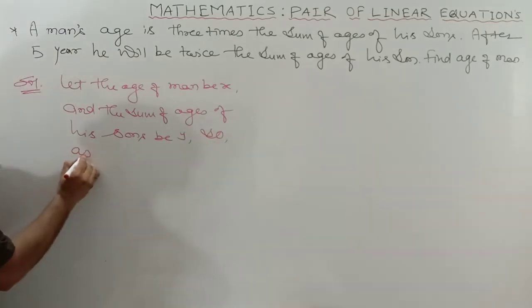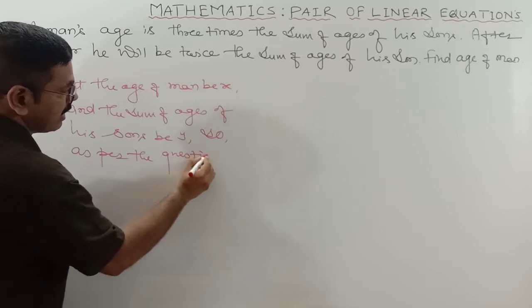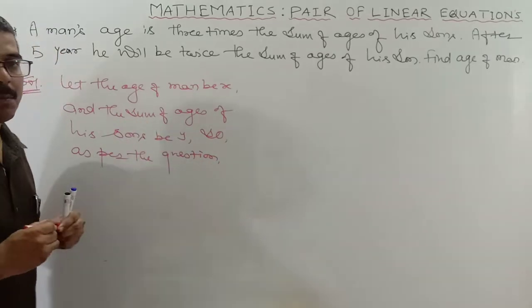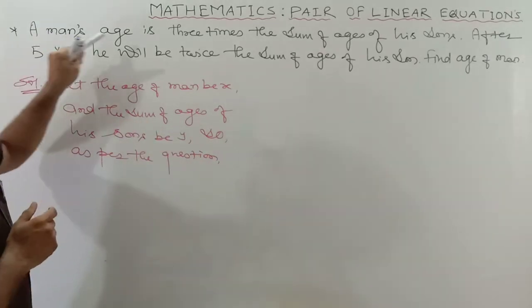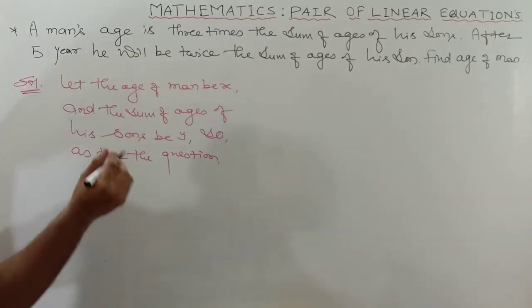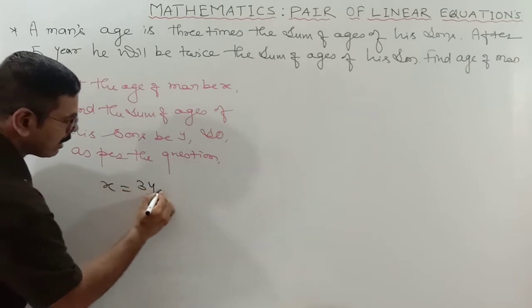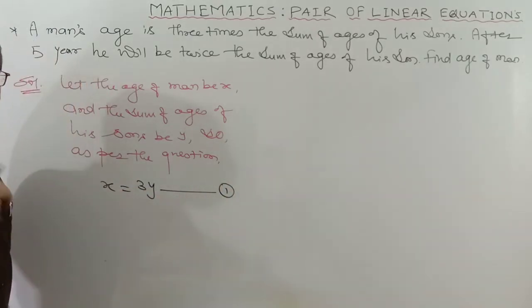So as per the question, this is the present age of man. Now a man's age is 3 times the sum of the ages of his sons, means x is equal to 3y. This is equation number 1.